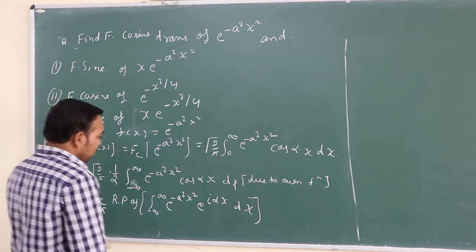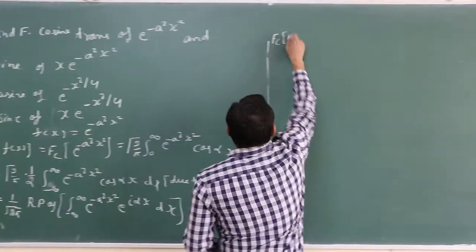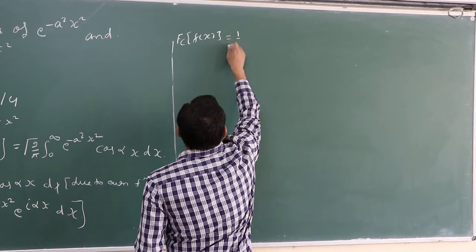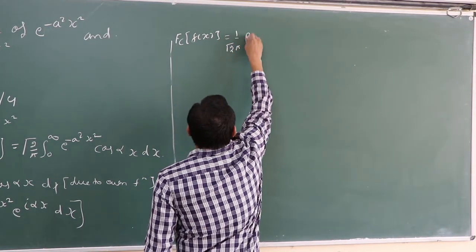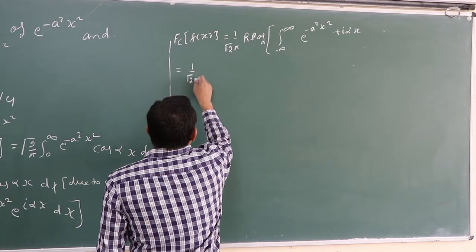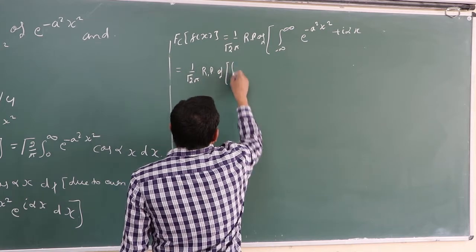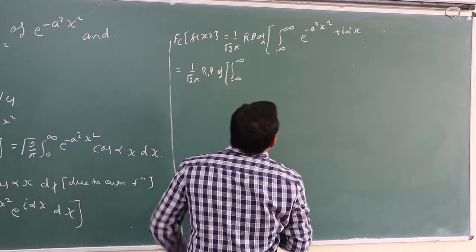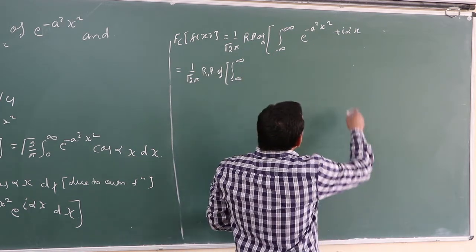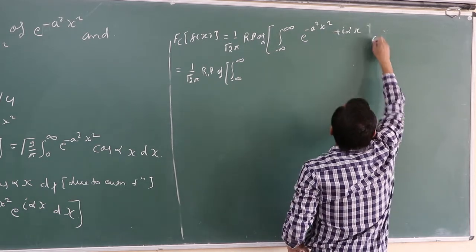So we can say the Fourier transform of f of x is equal to 1 upon under root 2 pi, real part of the integral from minus infinity to plus infinity. Simply we want to convert this term into a square term, real part of dx.